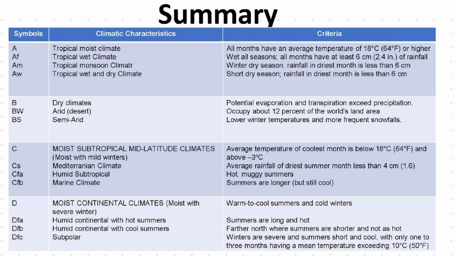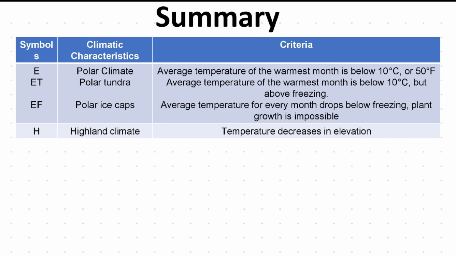We also have group E, which is the polar climate. It has an average temperature of the warmest month below 10 degrees Celsius or 50 degrees Fahrenheit. Under group E, we have ET, which is the polar tundra. It has an average temperature of the warmest month below 10 degrees Celsius but above freezing.